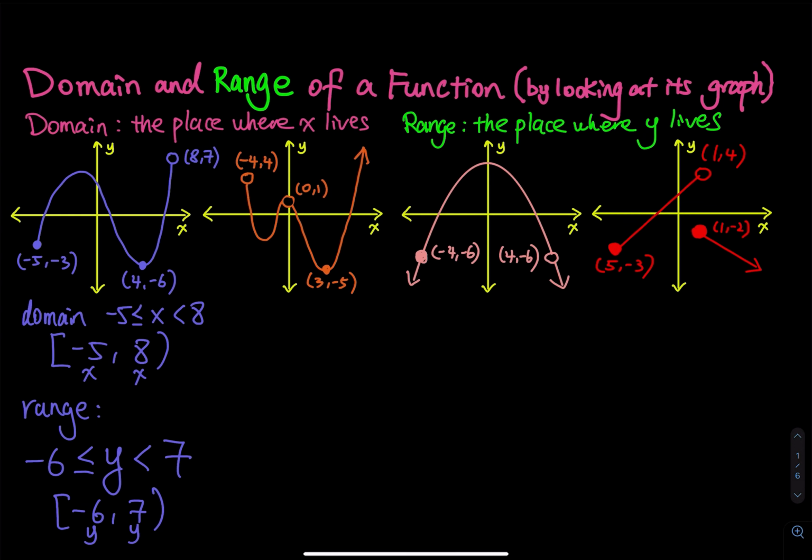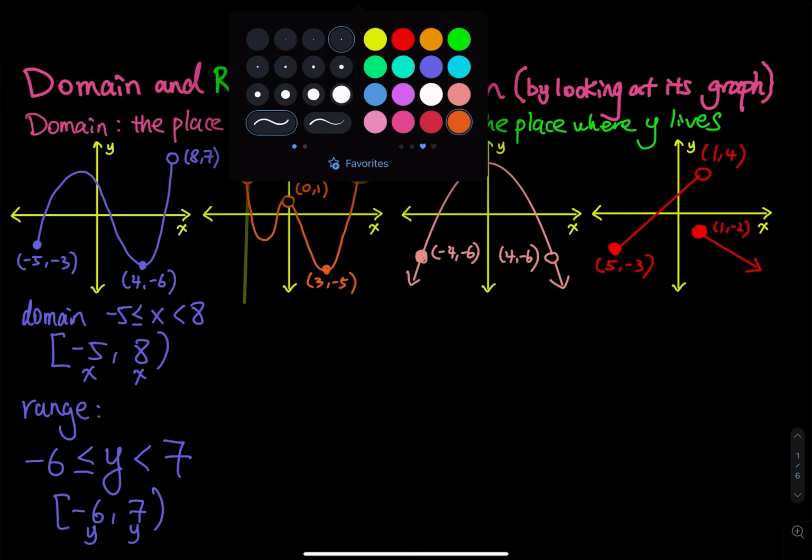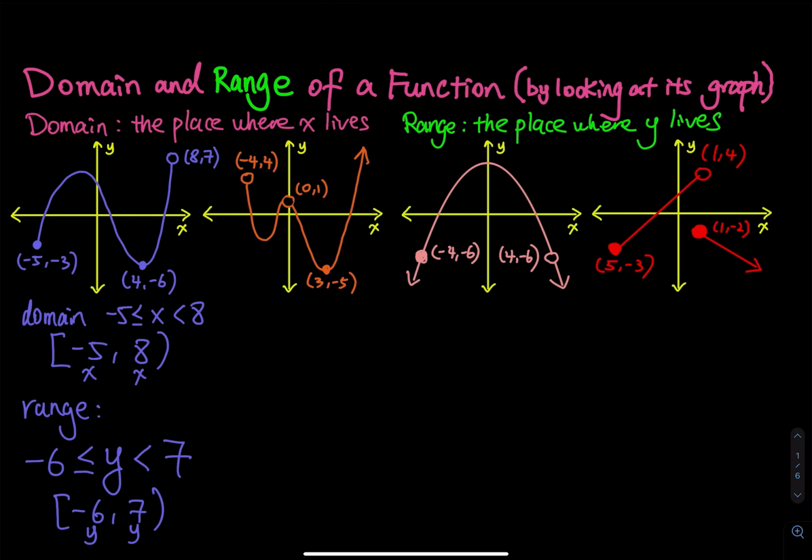So let's move on to the orange graph. For the orange graph, x goes from where to where? Put your ruler right here, from x equals -4 and then all the way up to this place. So we will have to go from -4 all the way to positive infinity. The arrow means it goes all the way up. Let me erase those marks.